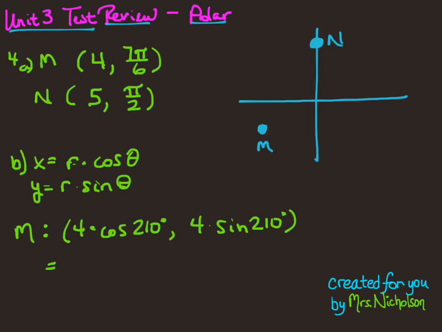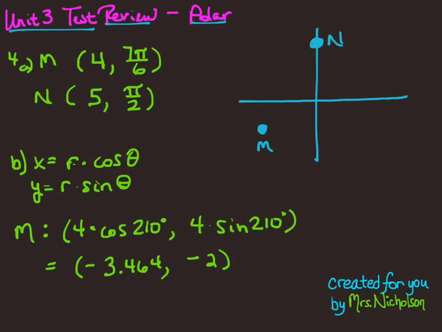So I'm going to put that in my calculator, and I get negative 3.464 and negative 2. Now both of those came out negative because if you notice, point M is in quadrant 3. And so both of my coordinates, my x and y coordinates, should be negative.